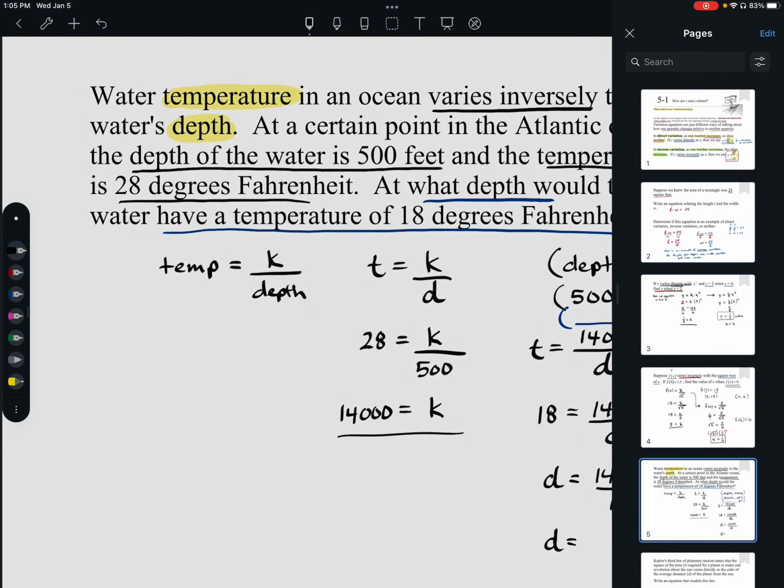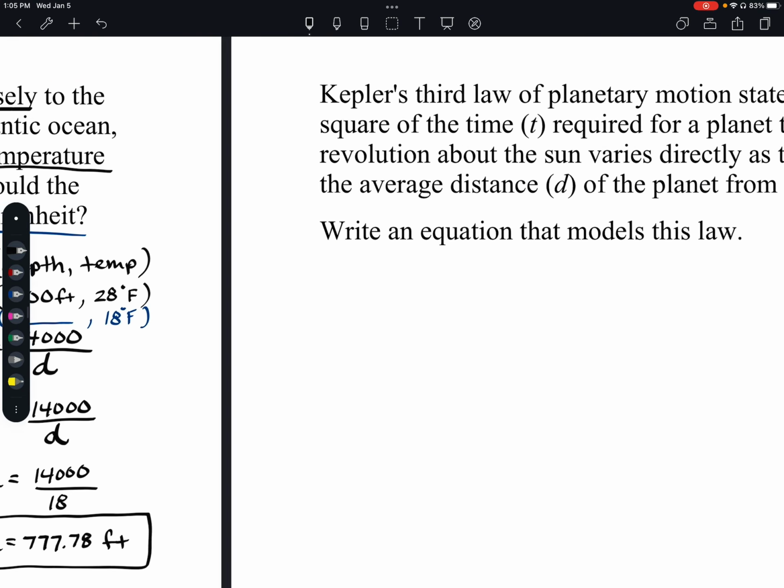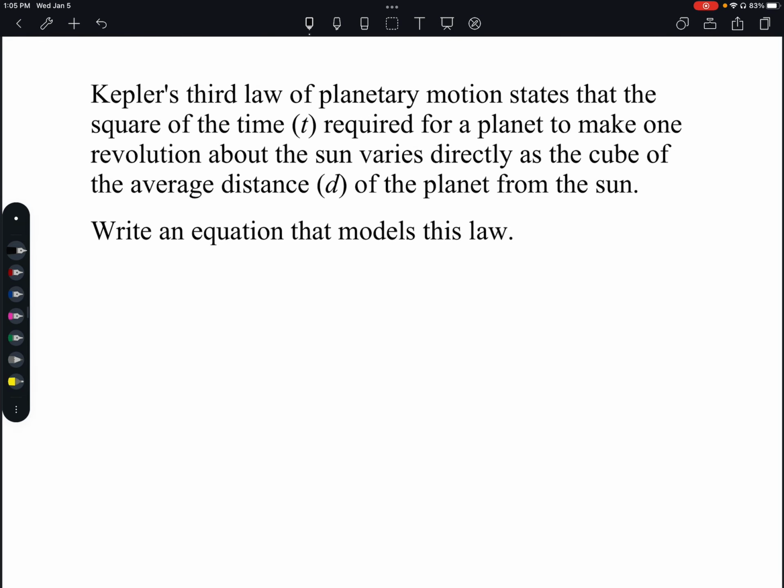I don't have a calculator on here, but I believe that ends up being 777.78 feet. So that is the depth we need for the temperature to be 18 degrees Fahrenheit. If you have questions, make sure you're marking them down and reach out to me however you can.